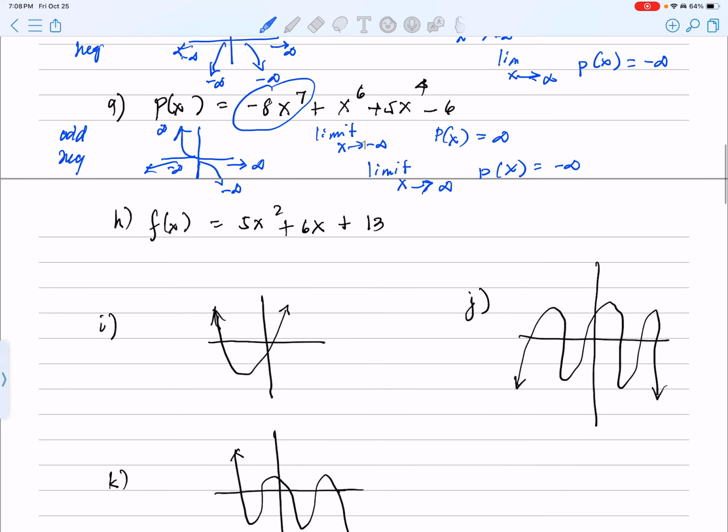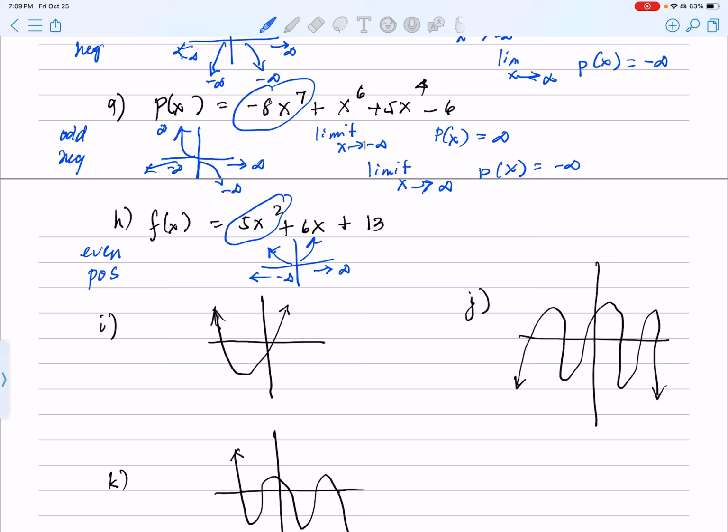For H, f of x is 5x squared plus 6x plus 13. The degree is even. The leading coefficient is positive. Positive even. So when we try to make that sketch, both rises up. Alright, as x approaches positive infinity and negative infinity.